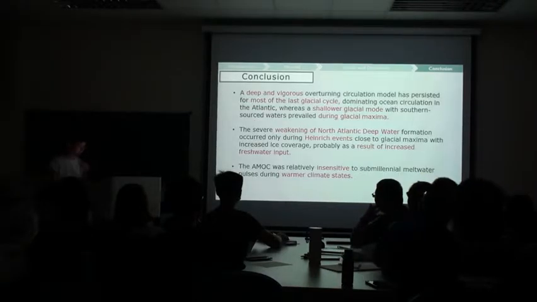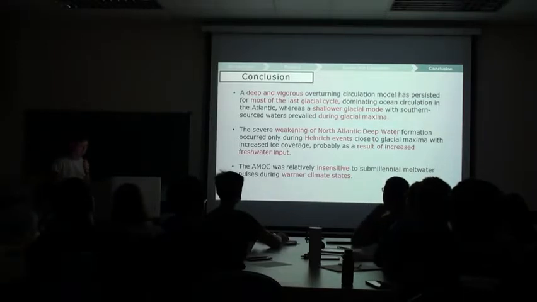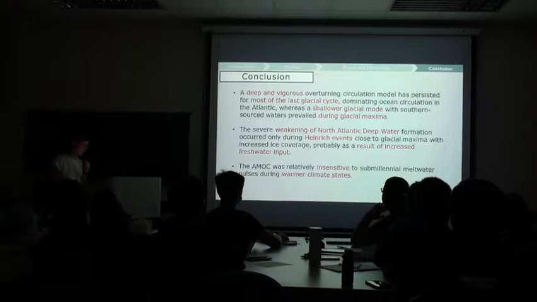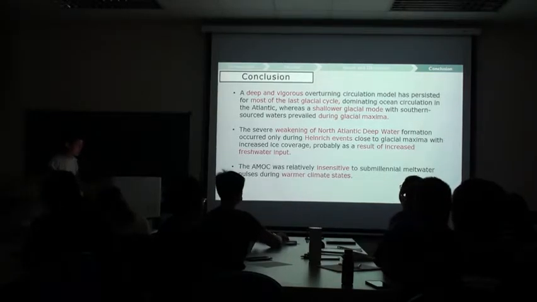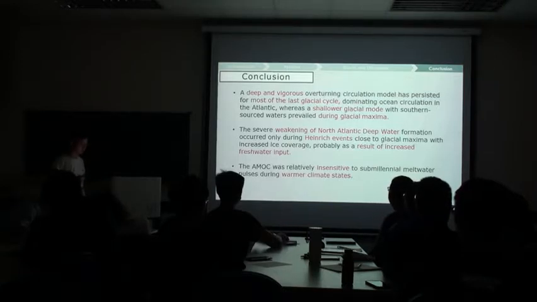So our conclusions are: one, a deep and vigorous overturning circulation mode persisted for most of the last glacial cycle, with a shallower glacial mode with southern source water during the glacial maximum.